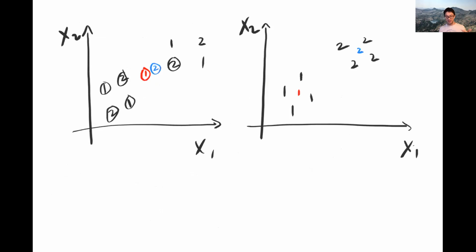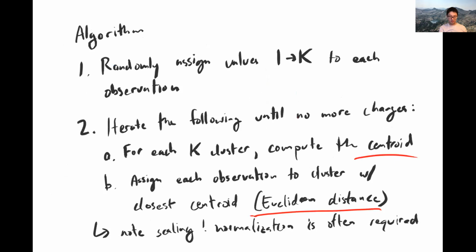So in step 1, you want to do step 1 a couple times to make sure that you're always getting the lowest objective function value, and it'll give you the best groupings possible. So it's usually good practice to do that.